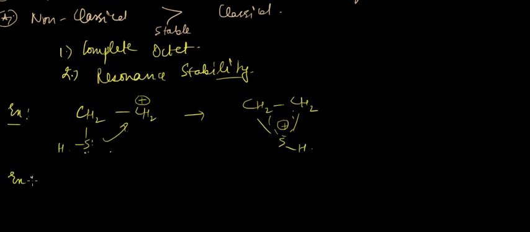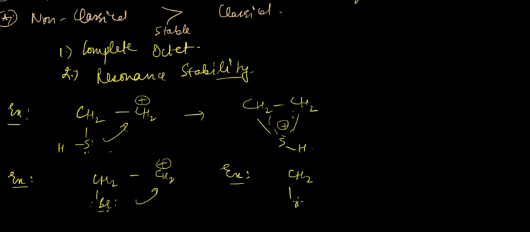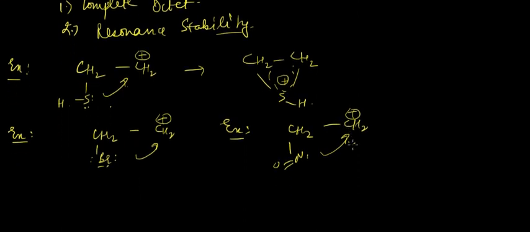Similarly, we can have something like CH2Br, which we have already discussed. It can go and attack on this carbon. Similarly, we can have this, where it can attack this positively charged carbocation. Okay, so a nucleophile having a lone pair is engaged in non-classical carbocation formation.